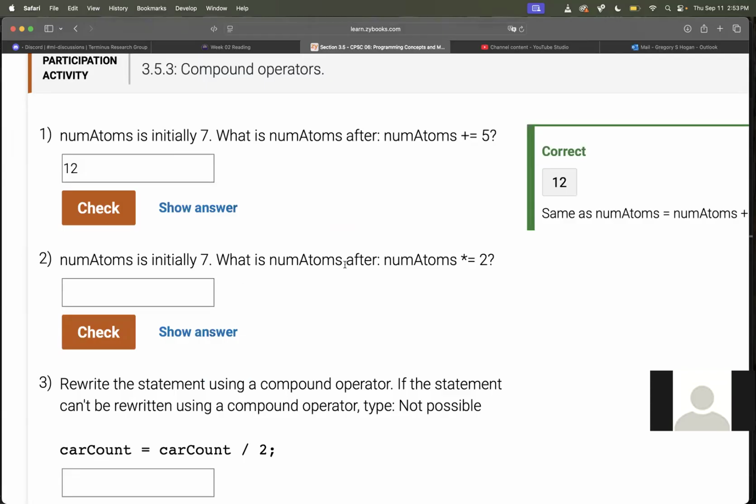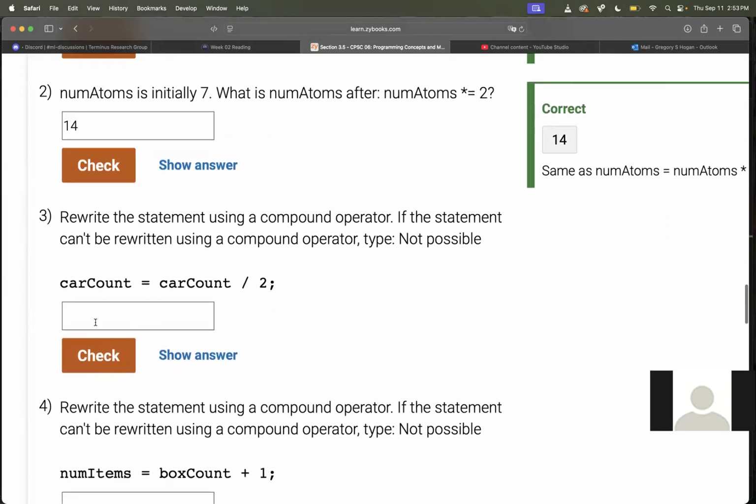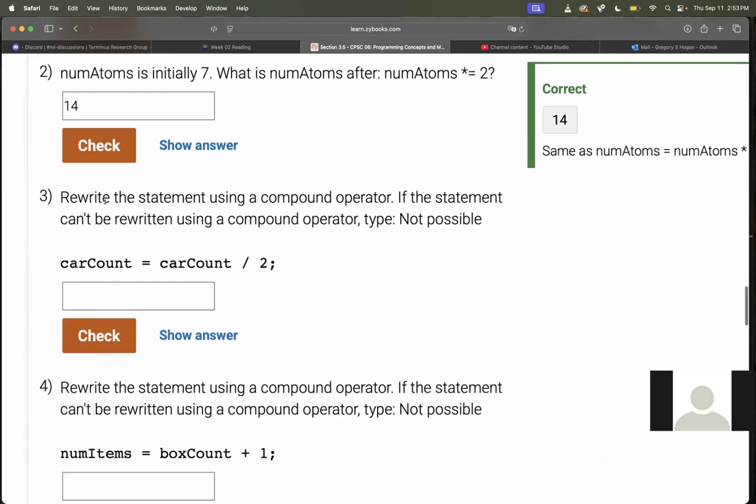What if you did num atoms times equals 2? Well, that would multiply by 2. Could you do the same thing with car count equals car count over 2? Yeah, it would look like this: car count slash equals 2, right?